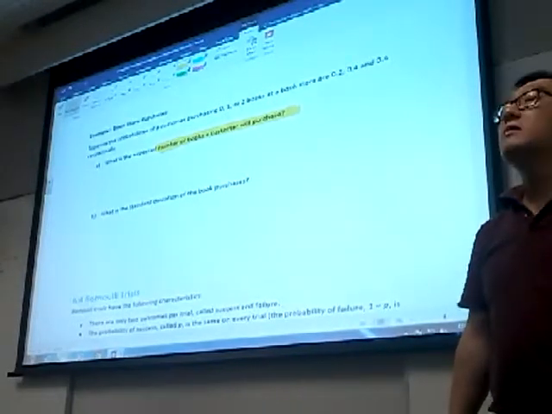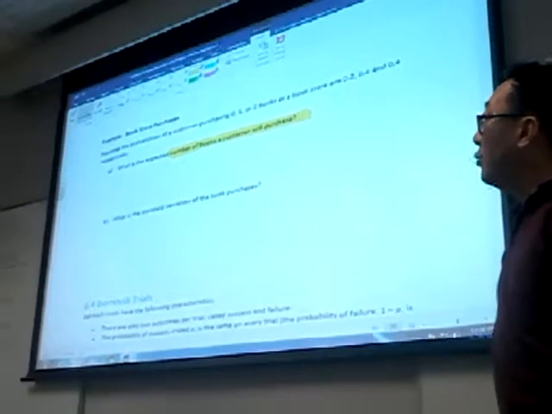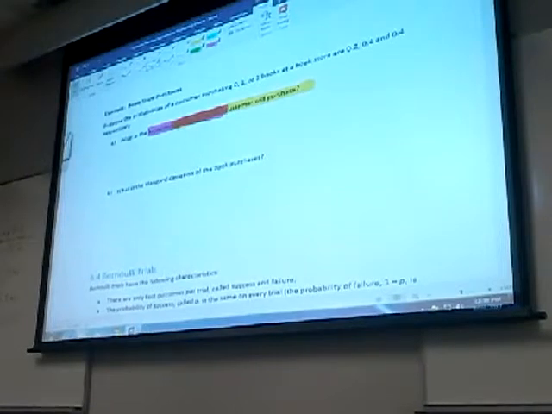It is the random variable. In part A, what is the expected number? What is the mean? What is the expected number of books? How can I do? Here. The value times the probability. The value times the probability. And then finally, take the sum.